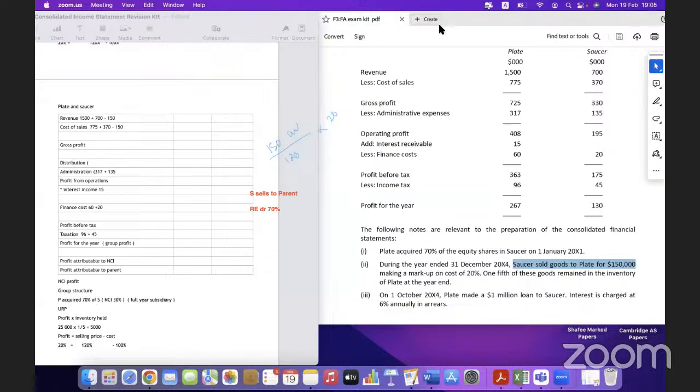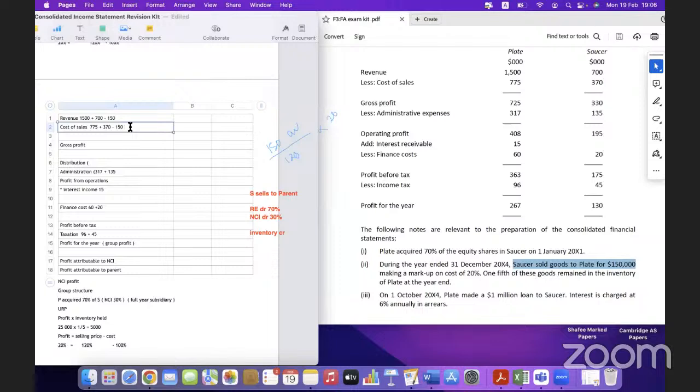Next, NCI debit 30% and inventory credit the full amount. Can you guys see here in red? I have written inventory gets credit by the full amount. Inventory credit means inventory is reducing. Inventory is inside cost of sales, so cost of sales will increase. That's why we go to cost of sales and add 5,000.